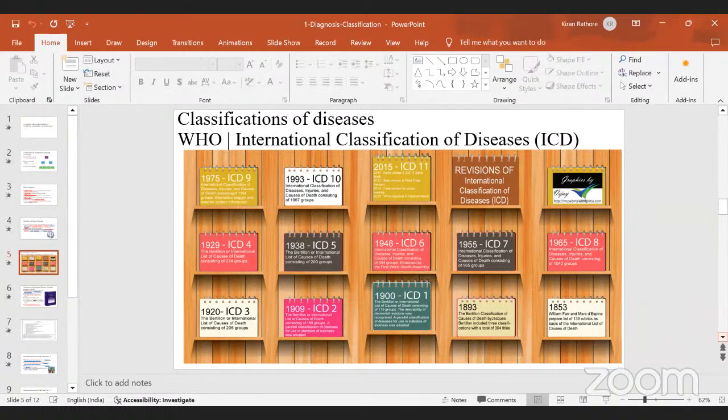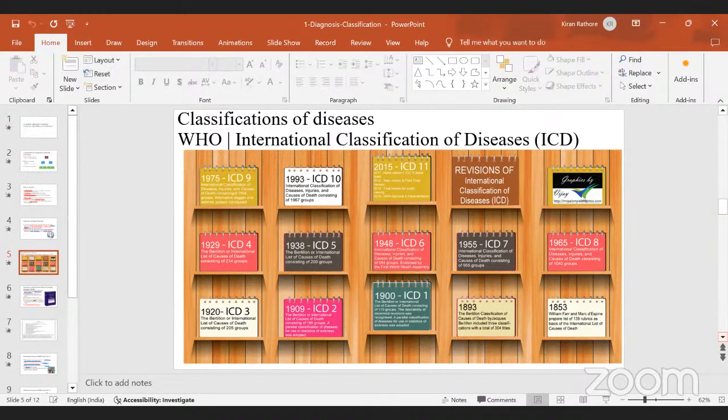WHO is the main directing and coordinating authority for health in the United Nations system. ICD is originally designed as a healthcare classificatory system. It provides a system of diagnostic codes for classifying all diseases. It gives you diagnostic codes.